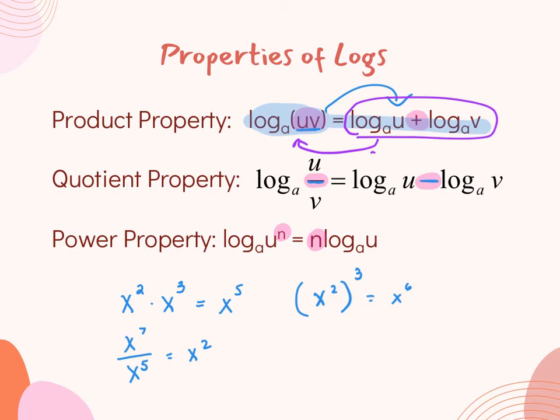So if your equation literally only has 1 log, you're going to expand it. But if your equation has multiple logs, you're going to condense it. And sometimes it will say literally expand or condense, or you've got to figure out which way to go. And when we get to equations in 5.4, you're going to figure out which way to go. So just think that if there's 1 log, you're going to break it apart, and if there's multiple logs, you're going to put it together.